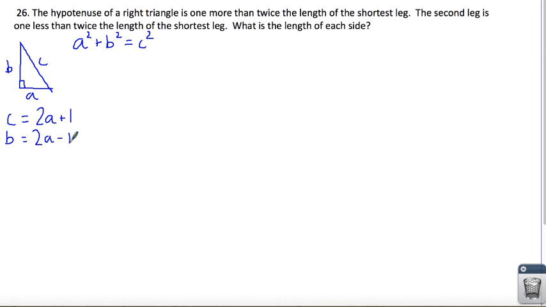So from there, I can substitute 2A plus 1 and 2A minus 1 in for C and B in this equation, and then I'll have one variable.